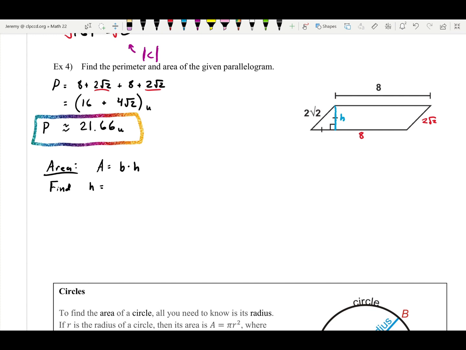Okay, so over here, when I say find h, I want to solve this equation, h root 2 is equal to 2 root 2. Divide both sides by root 2, I get that h is equal to 2.